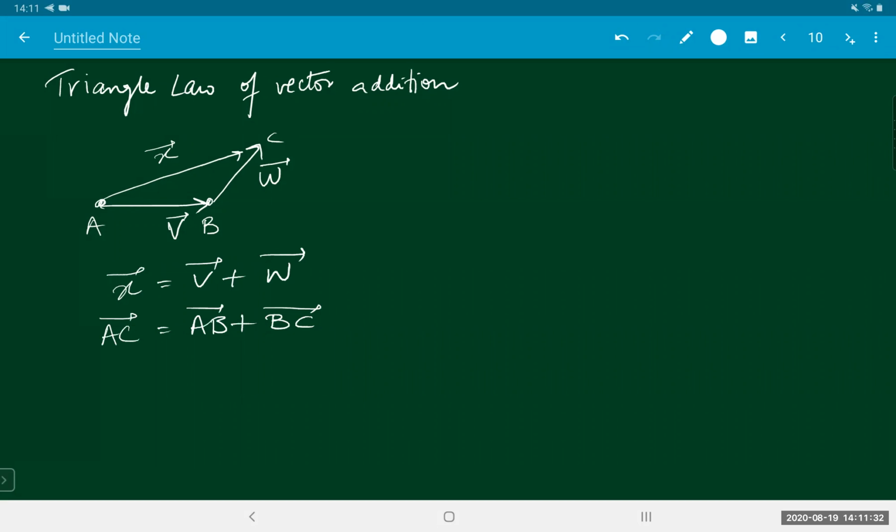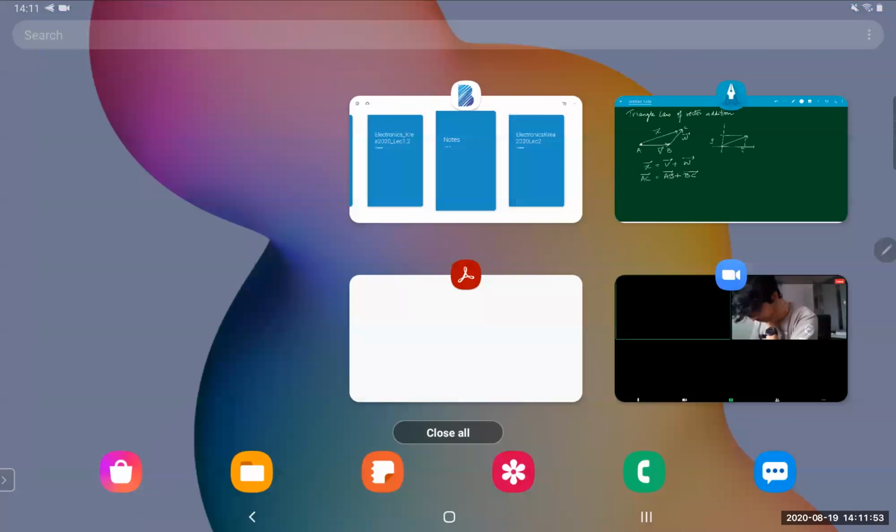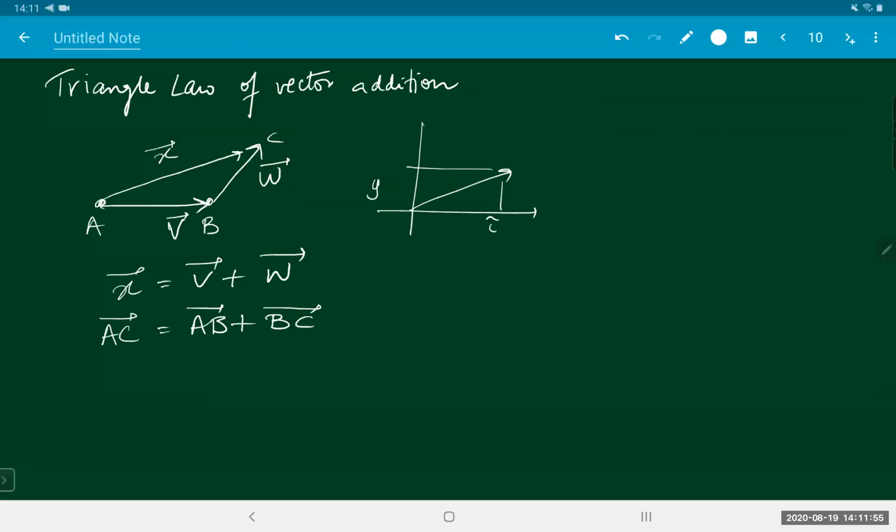Kostav is asking, how do you find the angle of a vector with respect to the axis? The same way as we would with a complex number? Yes. Thanks, Samar. So it's exactly the same way with trigonometry. Let's say you had a vector like this. So you know that this is the x part and this is the y. Let's say it is ai and bj.